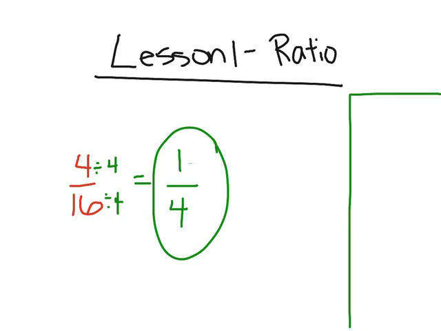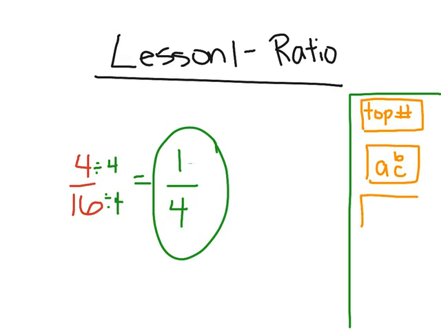Another way to do this is to use your calculator. So what you're going to do is type in your top number, which is your numerator. Then you're going to click the button that looks like this, the ABC button. And then you're going to click your bottom number, which is your denominator.